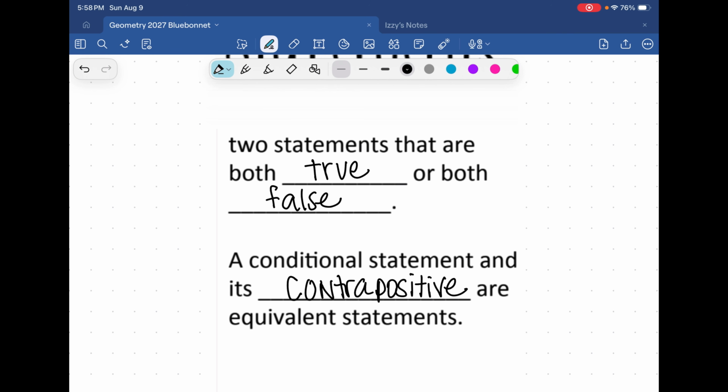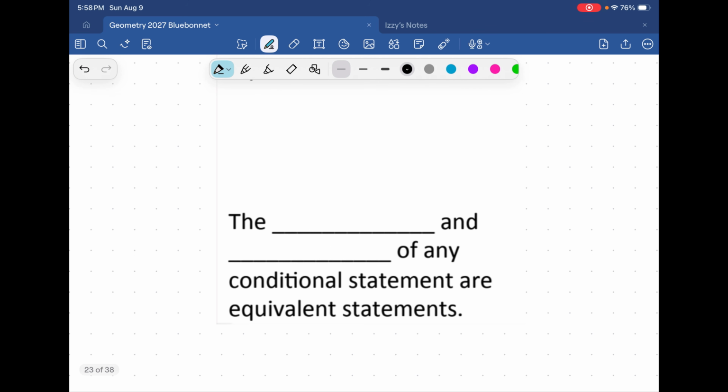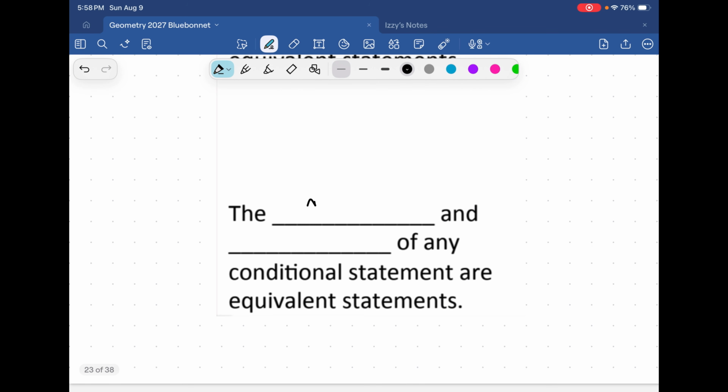Don't worry, we're going to learn what a contrapositive is in just a moment. Also, the converse, we're going to learn that today as well. And the inverse, we'll learn this one as well. The converse and inverse of any conditional statement are also not necessarily equivalent statements, both true or both false.